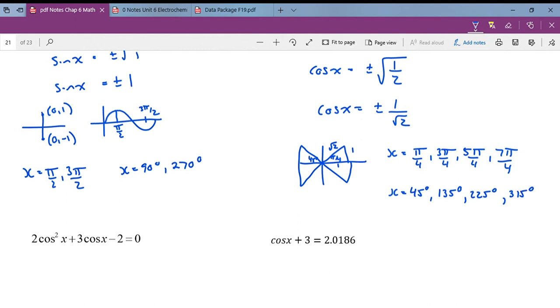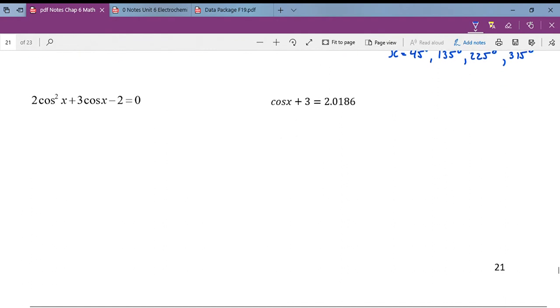All right, moving on. The next question is one that you have to factor. So again, if you're not comfortable at this point factoring quadratics, please feel free to do the u substitution. In other words, make this 2u squared plus 3u minus 2, and then factor it this way.